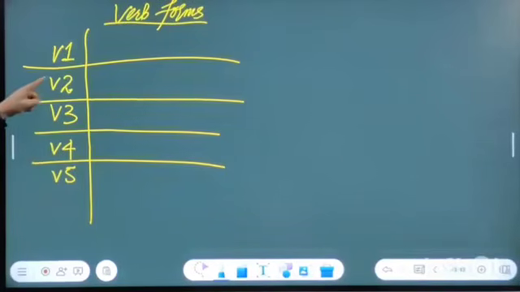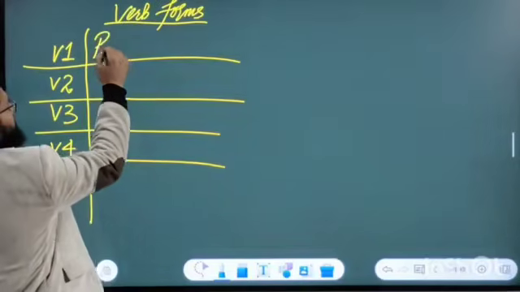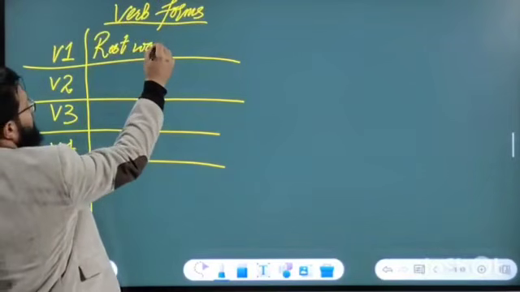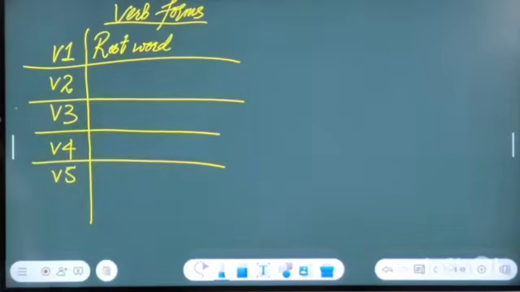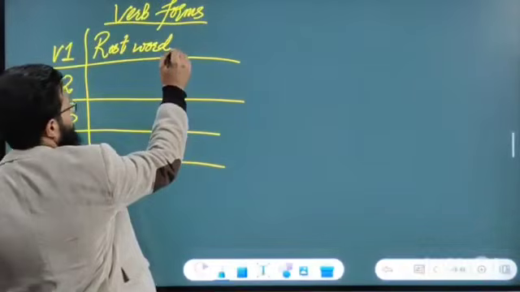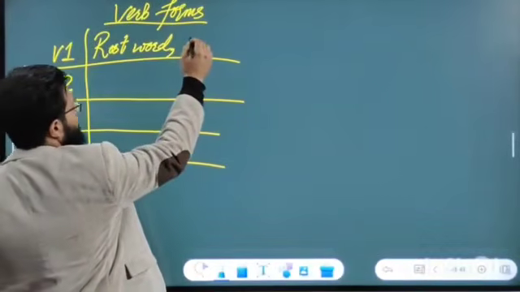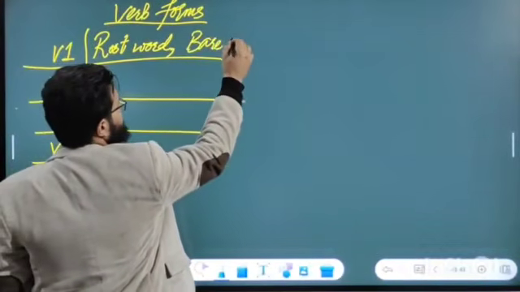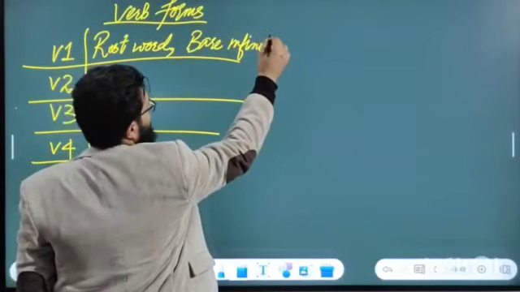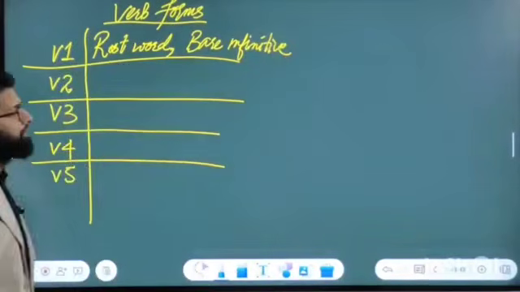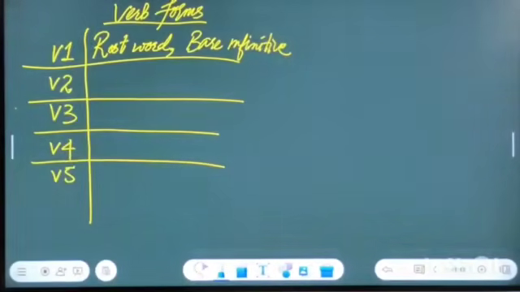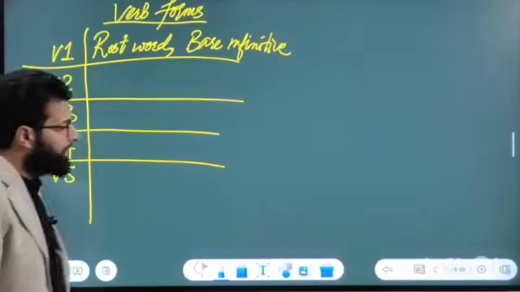V1 is the basic form of verb. We call it root word, or basic, you can also say. Or remember the name, we call this bare infinitive. Where do we use V1?